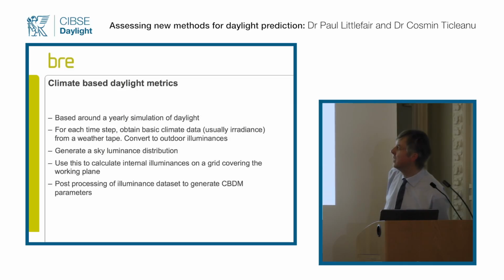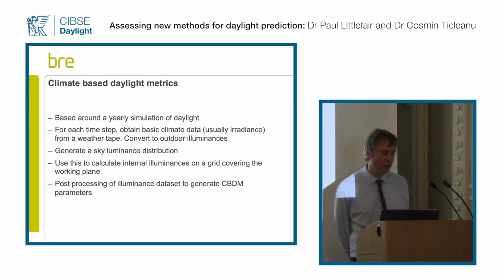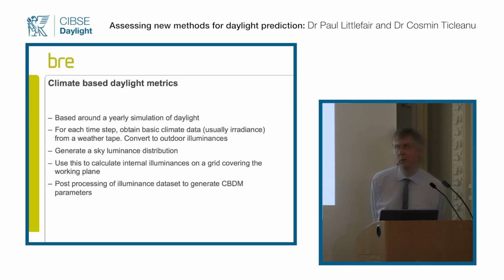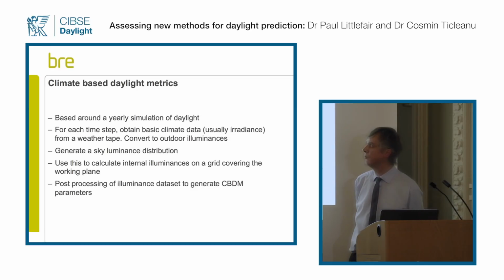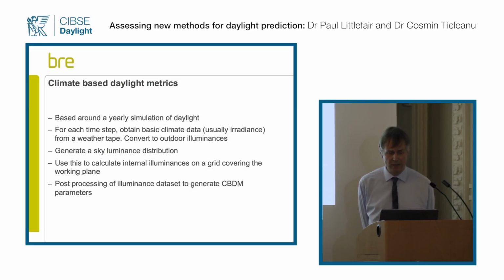And also, depending what sort of weather tape you're using, it may well be that the people who developed a weather tape didn't actually use measured global and diffuse irradiances at all. They actually calculated them from something else, and maybe they calculated the diffuse from the global. And so you've generated a sky luminance distribution more or less out of thin air.